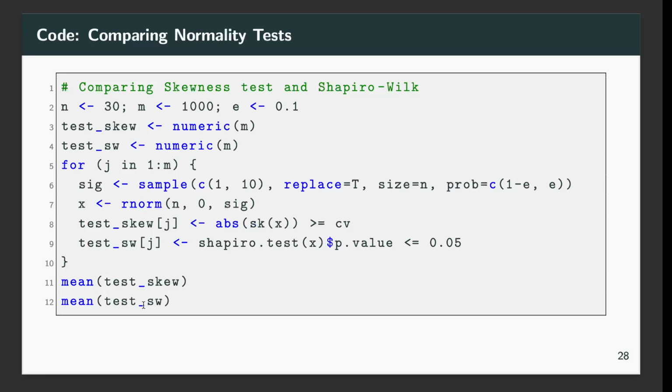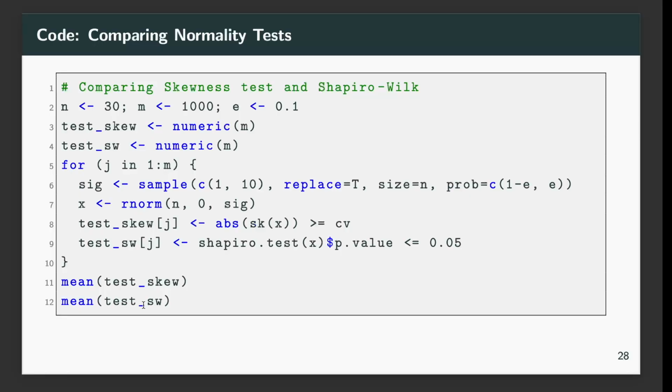But the skewness test is more specific because it is sensitive specifically to asymmetry, and it can miss alternatives that are symmetric but heavy-tailed.